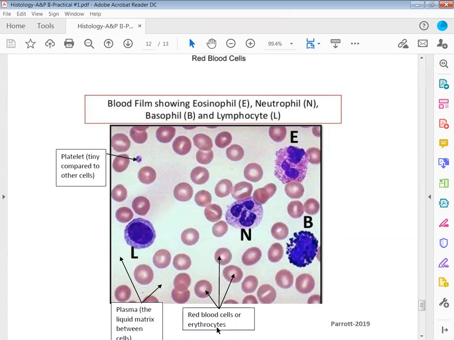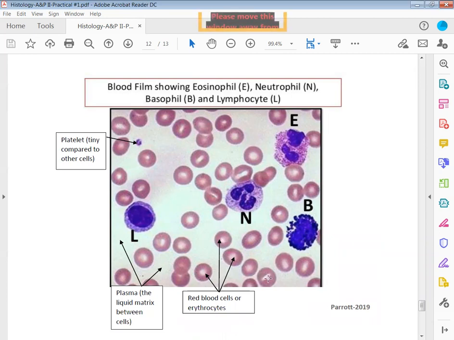Your red blood cells are also called erythrocytes. Erythro means red. Then all of these bigger cells that have a purple nucleus are going to be called your white blood cells. But you need to be able to identify each one of these white blood cells.